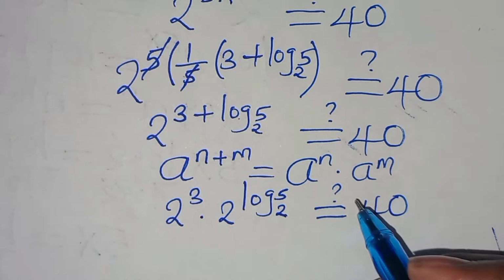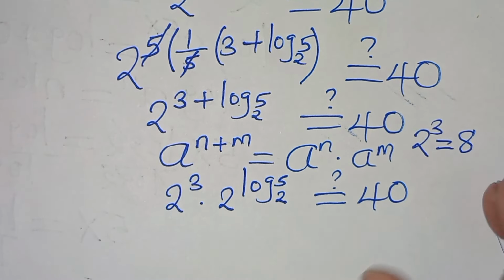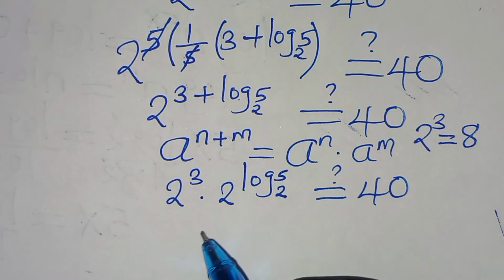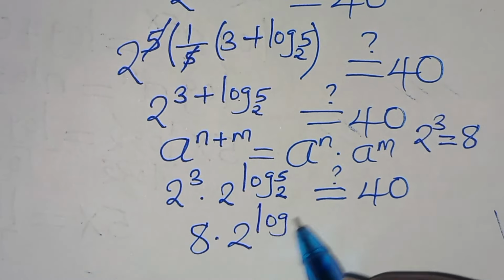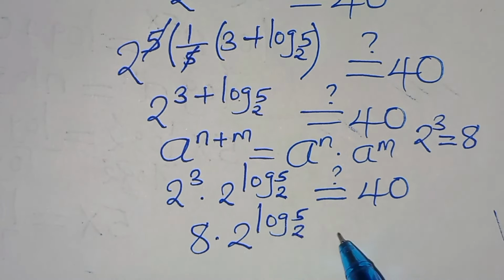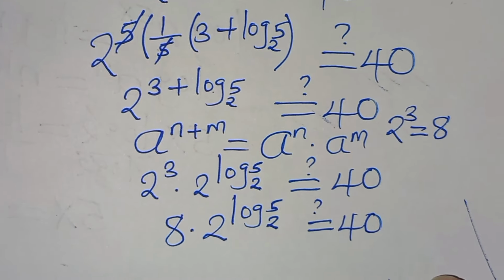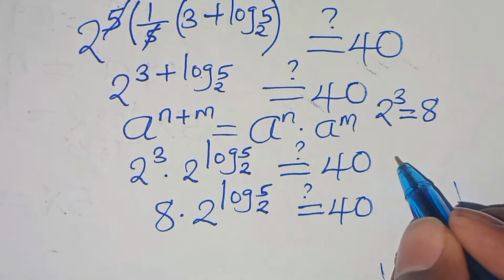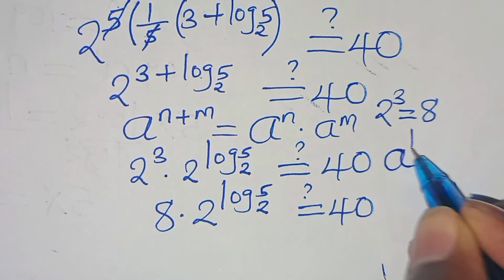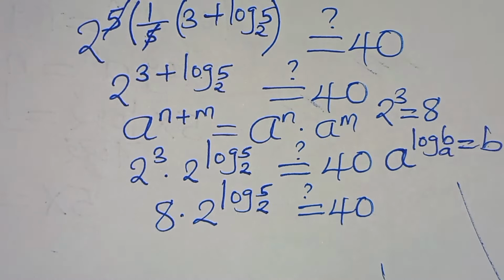2 to the power of 3 is the same thing as 8. So here we have 8 multiplied by 2 to the power of log 5 to base 2. This should give us a value of 40. So you find that 2 to the power of log 5 to base 2 is in the form of a to the power of log b to base a, which should give us a value of b.